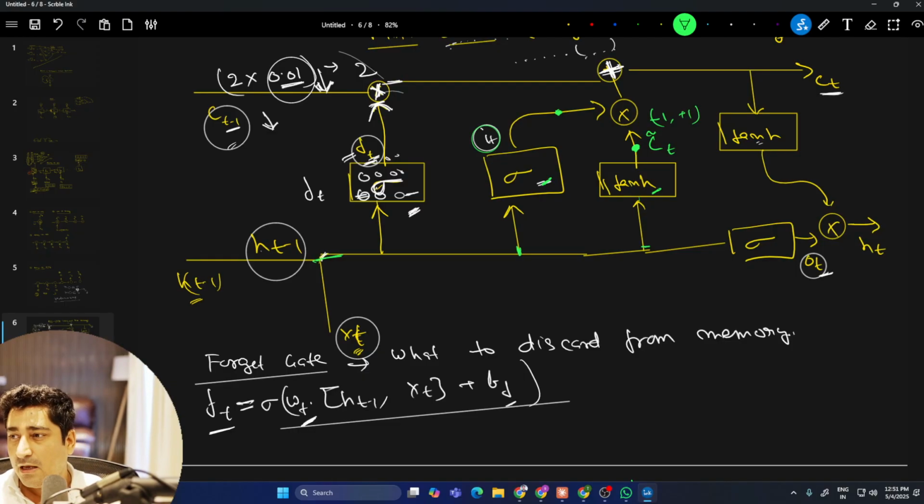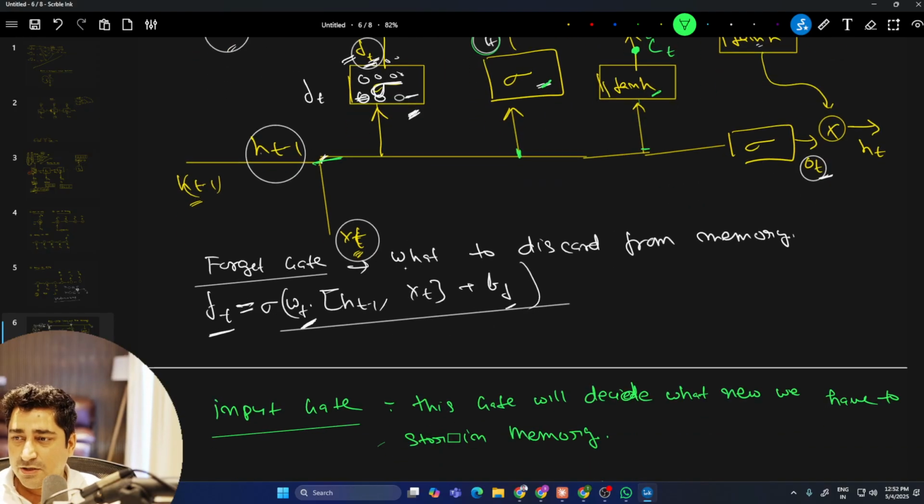Whatever we get, we multiply together, so this gives IT into C delta T. The result of this multiplication is added over here to the previous CT minus 1, after its multiplication. So this is going to build my new memory C of t.